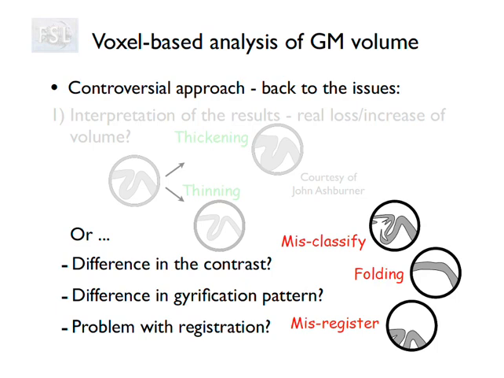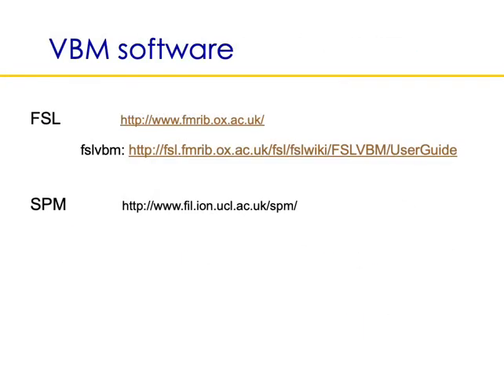So whether a region of gray matter is associated with folding or gyrification, it's not able to disambiguate all those kinds of patterns. The two main software packages available for doing these types of analyses are FSL, which has the FSL VBM, and SPM, which is based in MATLAB, and was the first tool that became available for doing voxel-based morphometry.